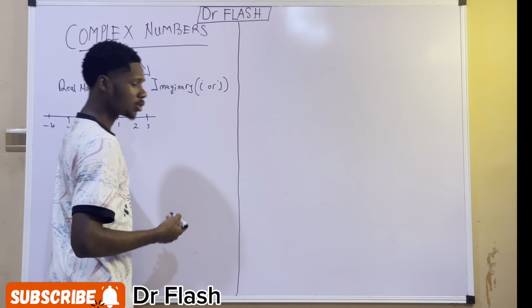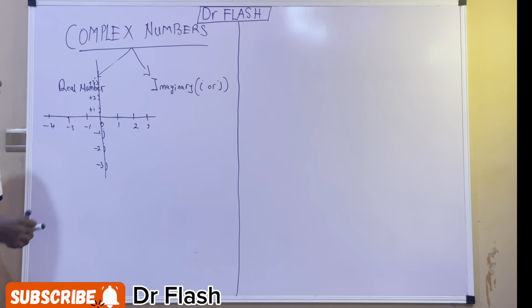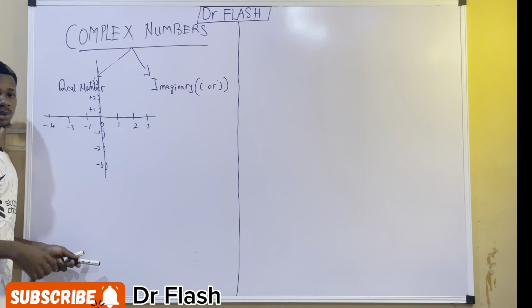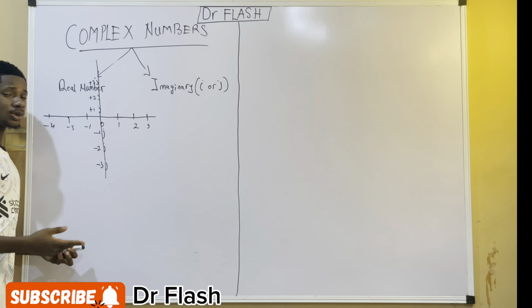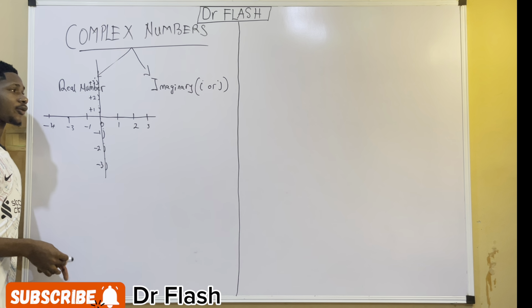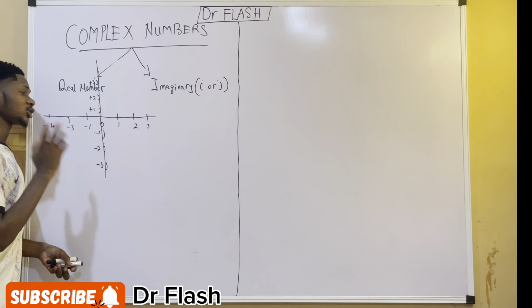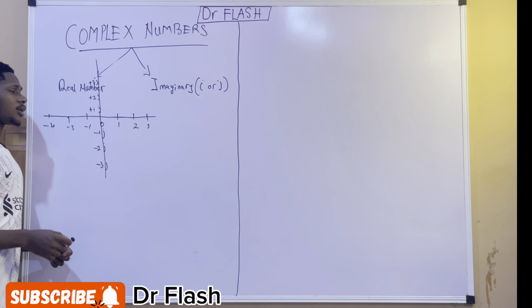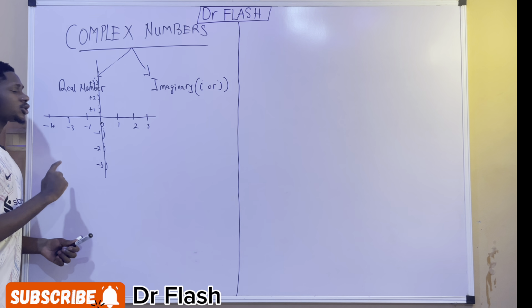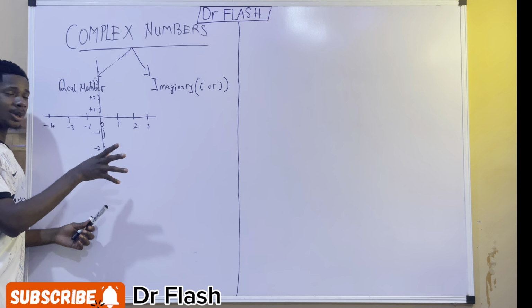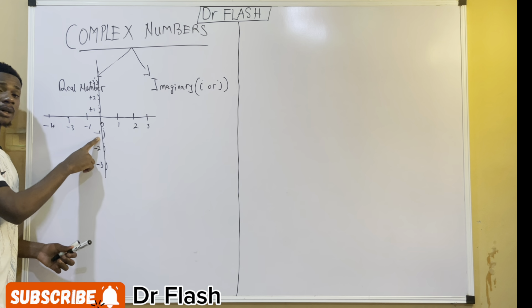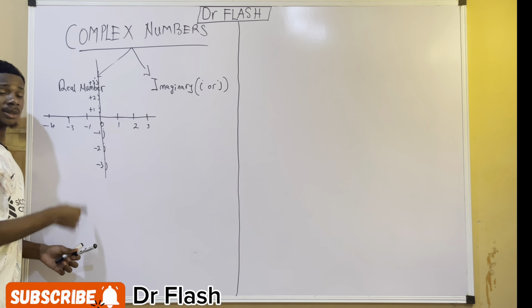Now, how do you know if you're having an imaginary number? Imagine we're having -4j. You could see it as just a normal number, because of course in algebra we make use of alphabets in solving questions, so you might see it as a normal number. For that reason, usually we write the alphabet before the number to show that it is actually an imaginary number.